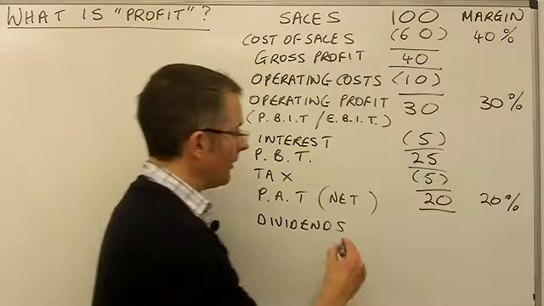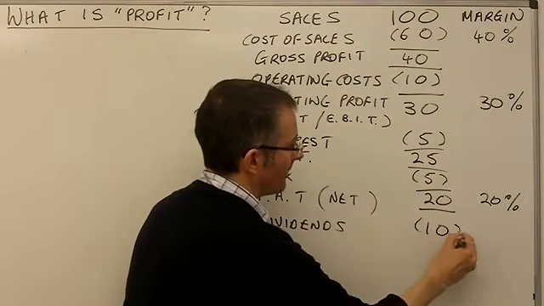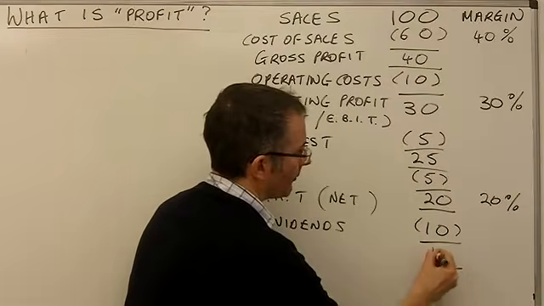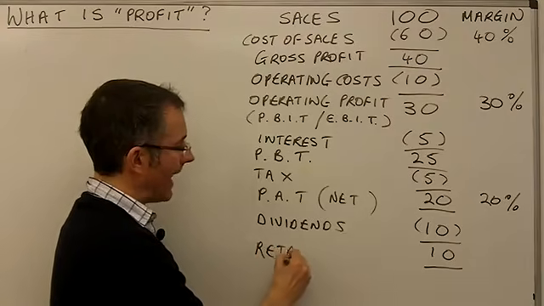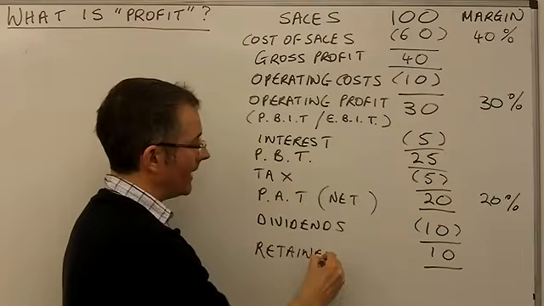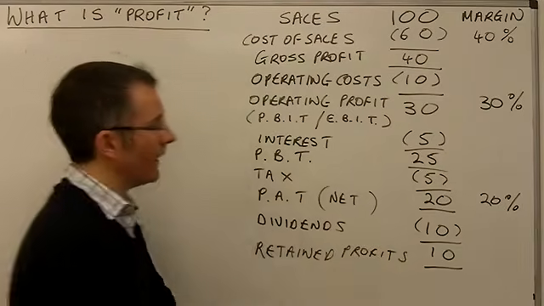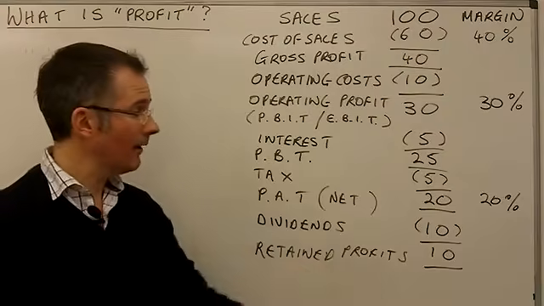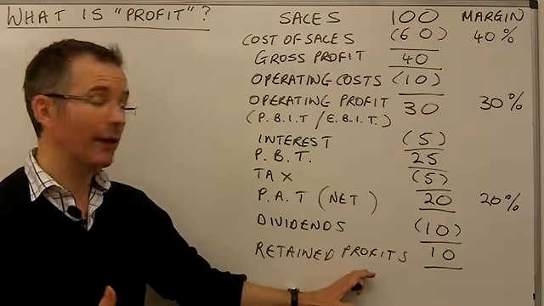But maybe they decide to pay out, let's say, half the profit for the year, and then accountants call the balance quite often what's been retained, or the retained profits. So there's yet another profit figure, the amount that's been kept back in the business to be invested in future years.